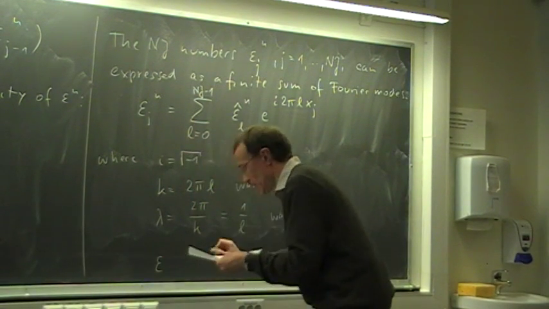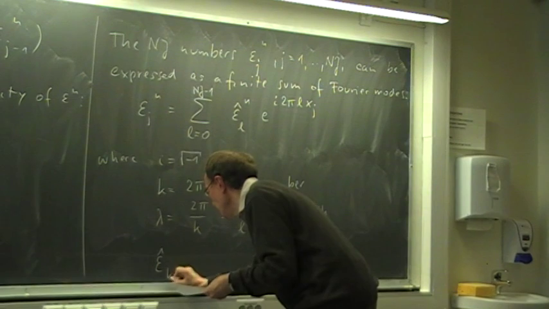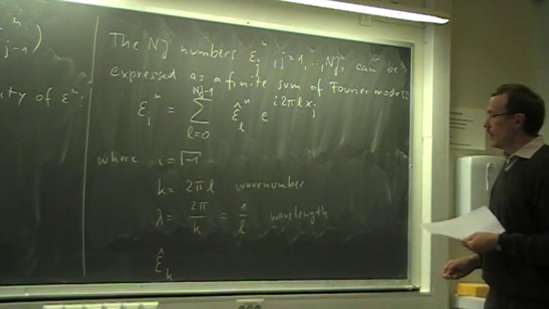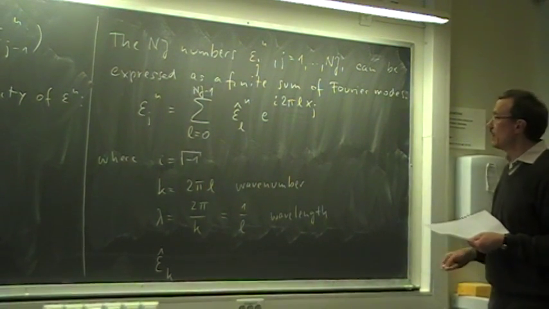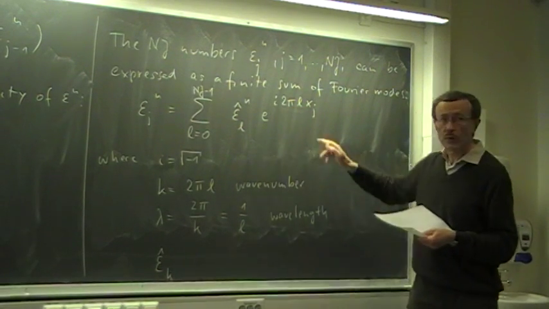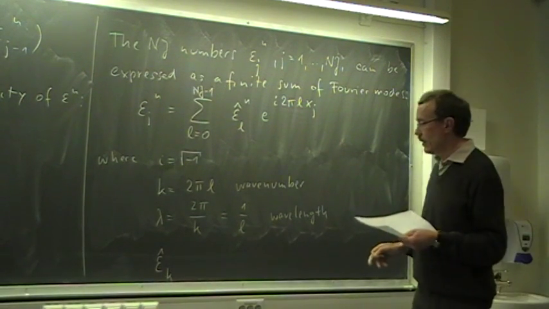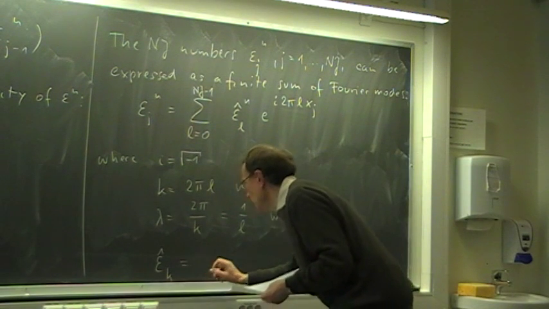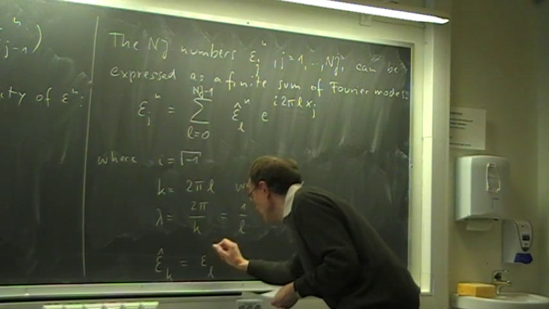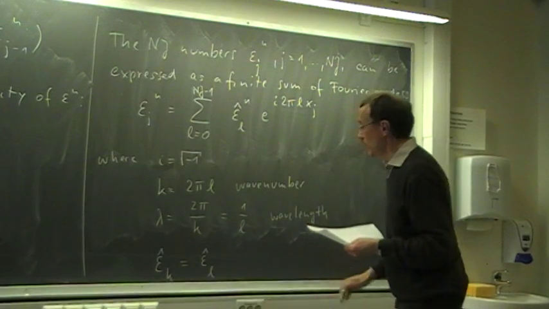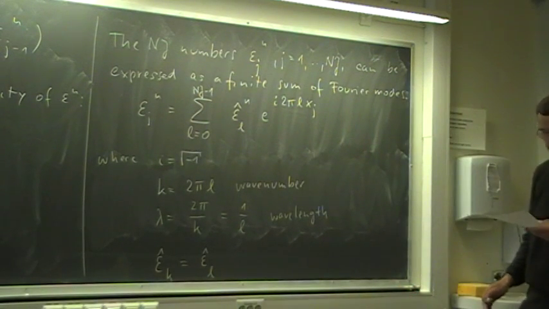We also introduce here a notation with a k, because later on we prefer to work with the wave number k instead of the l. So we say that the epsilon hat_k is the same as what we have indicated here in the formula with the epsilon hat_l.